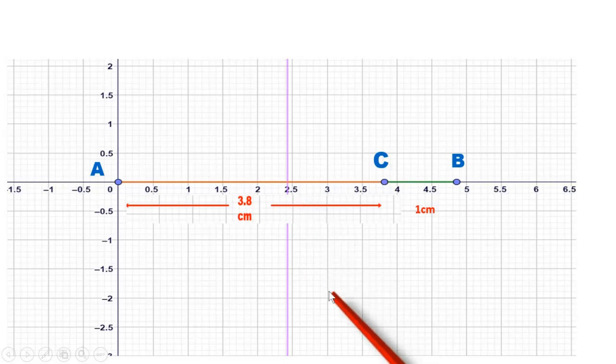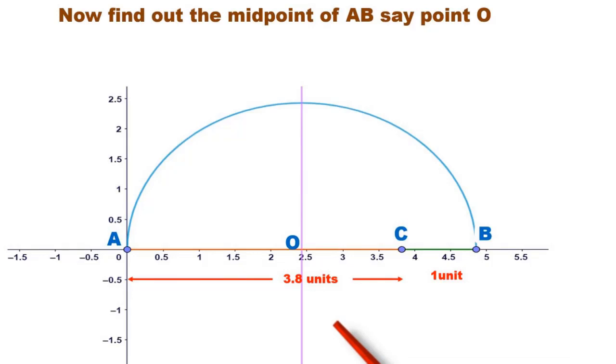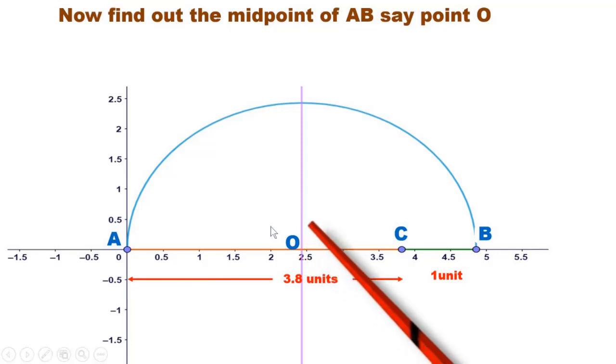Now how to make a perpendicular? We have already seen in the previous slides. Using a compass, you have to draw a perpendicular. So this is how the midpoint of the line segment AB will look like. Mark a point O at the midpoint.